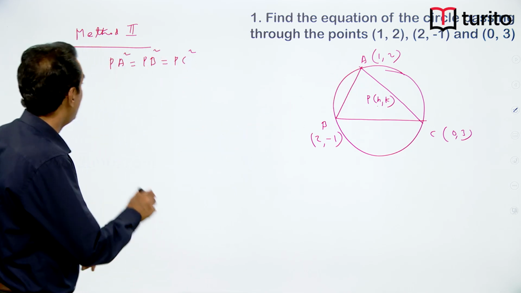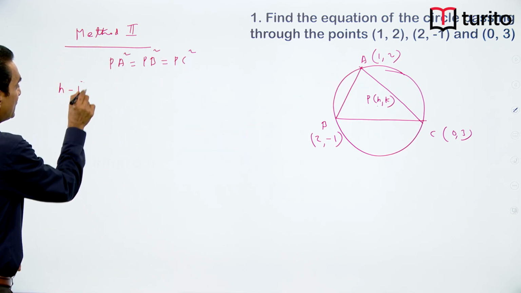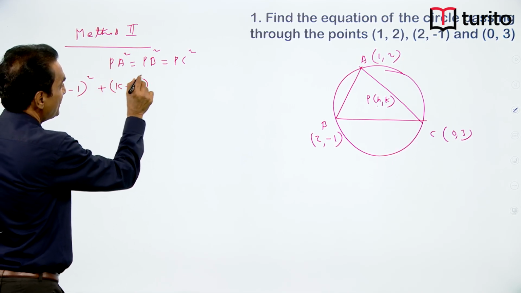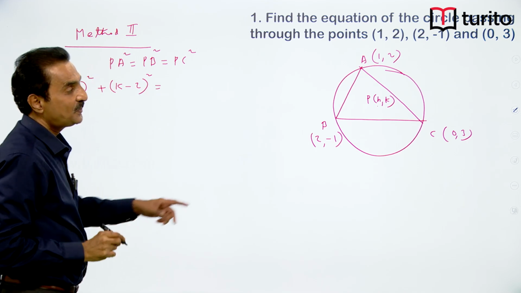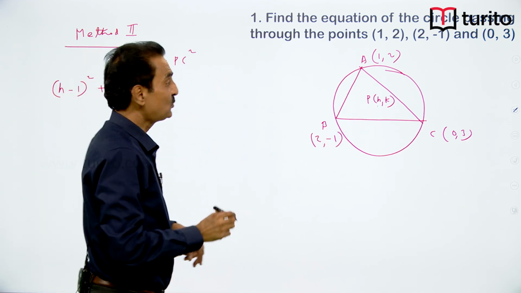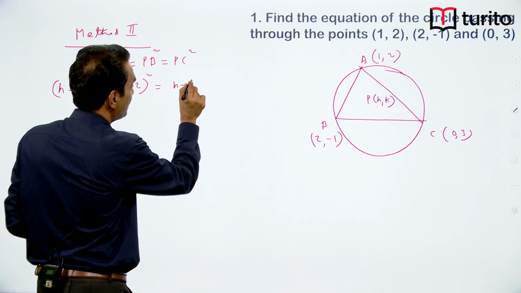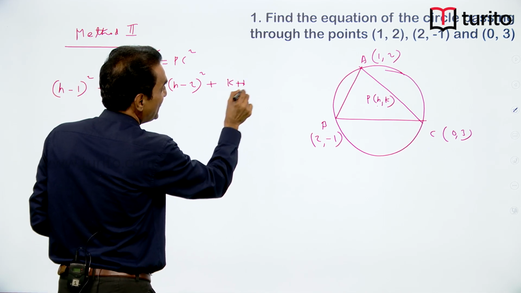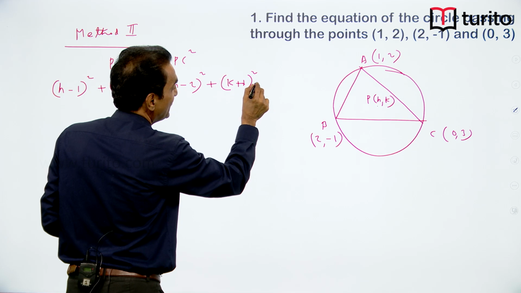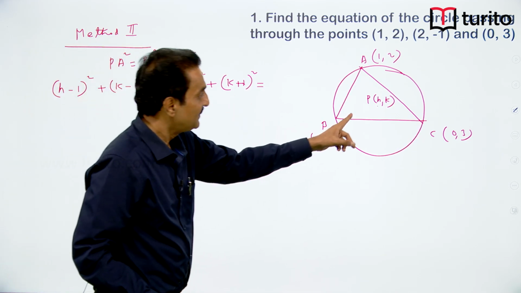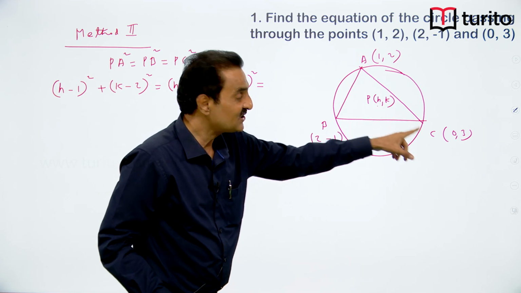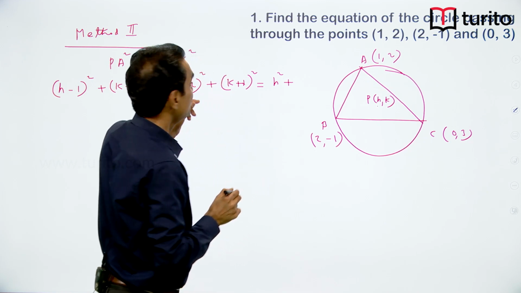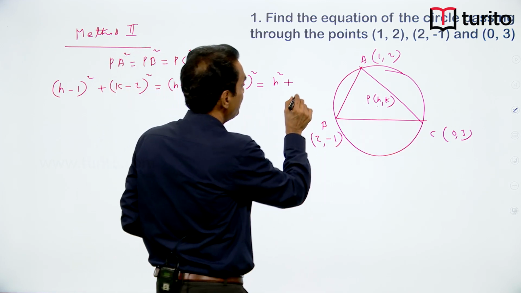H minus 1 whole square plus K minus 2 whole square is equal to PB square, H minus 2 whole square plus K plus 1 whole square is equal to PC square, that is H minus 0 whole square, H square plus K minus 3 whole square.